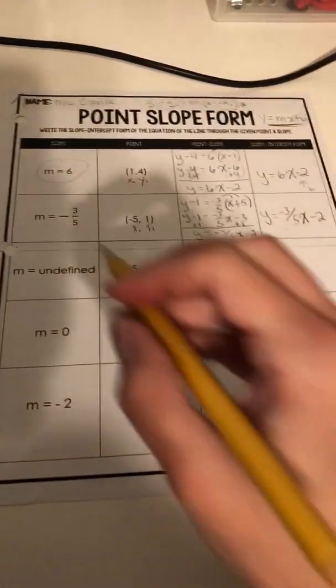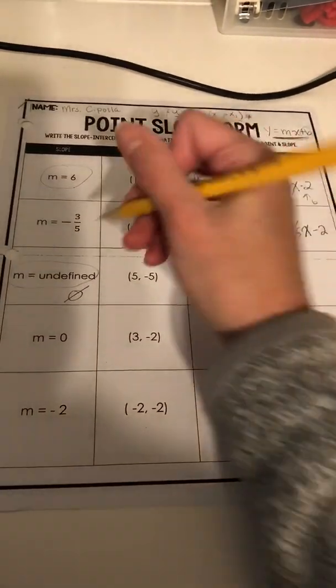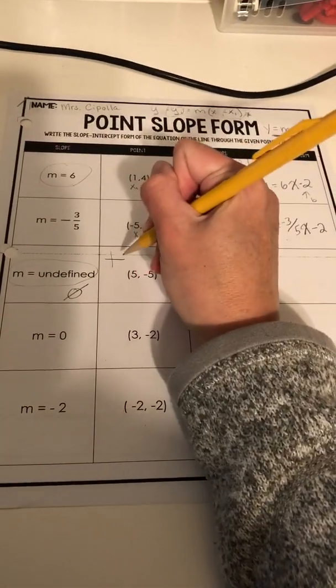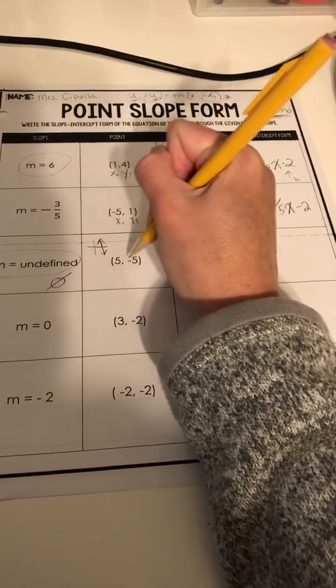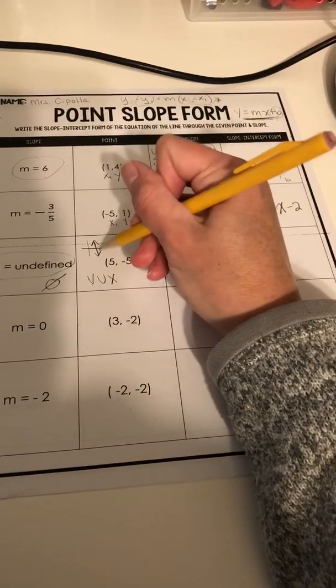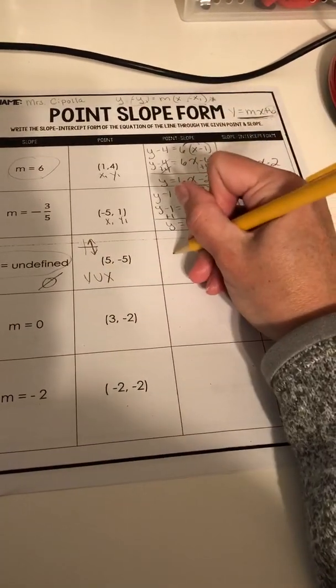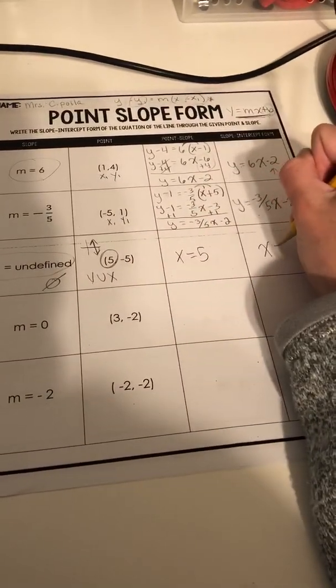All right, next one, special case, undefined slope. Remember, that's when our slope is undefined. It's when we have a vertical line like a vertical line right here. Well, VUX, people, V-U-X. Vertical line, undefined slope means x equals, well, what does x equal? X equals 5.